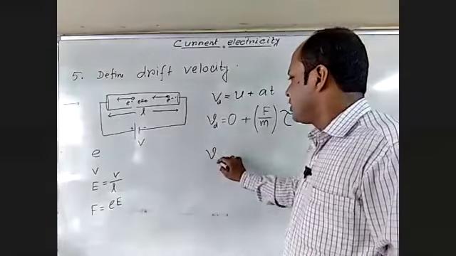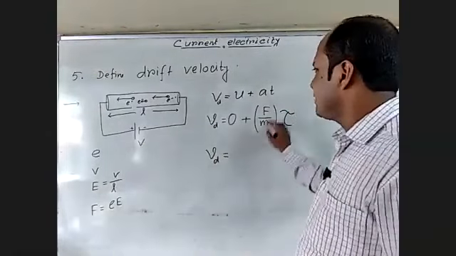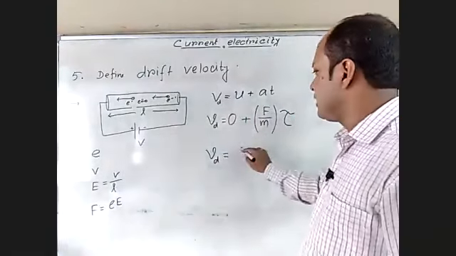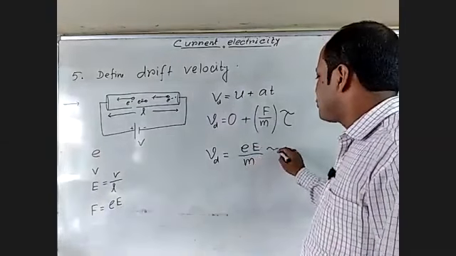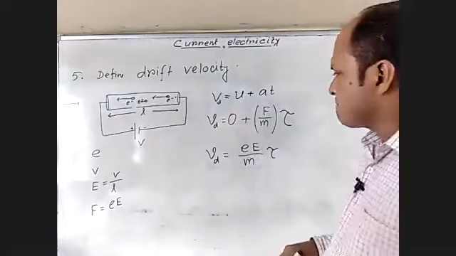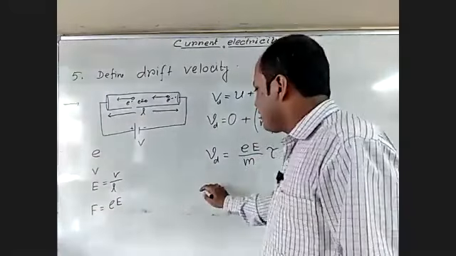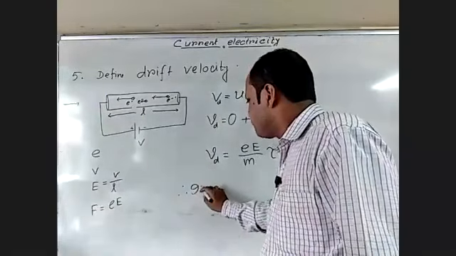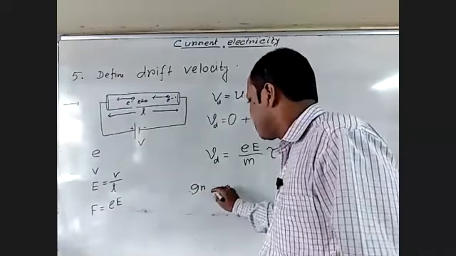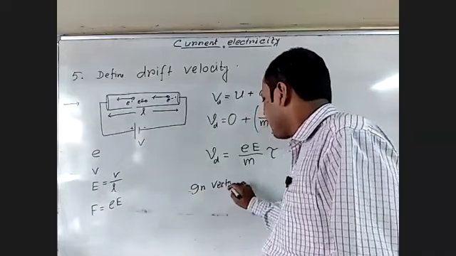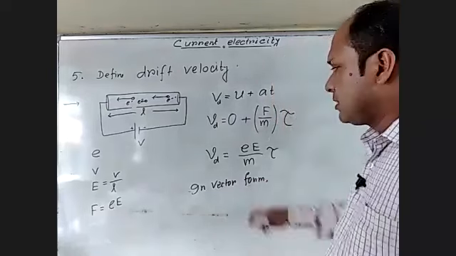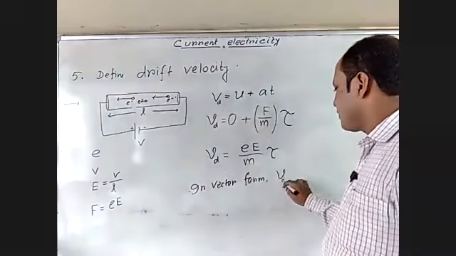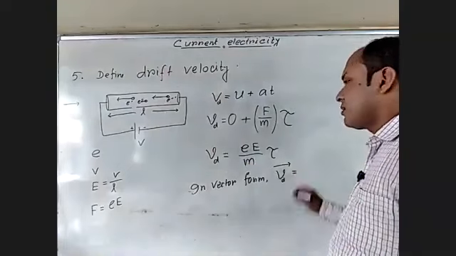So Vd equal to the acceleration E by m into tau. In vector form, the Vd can be termed as the vector.